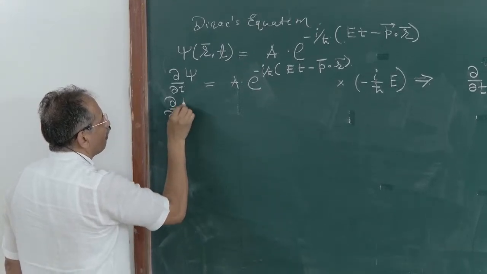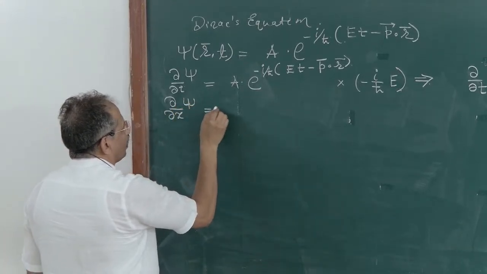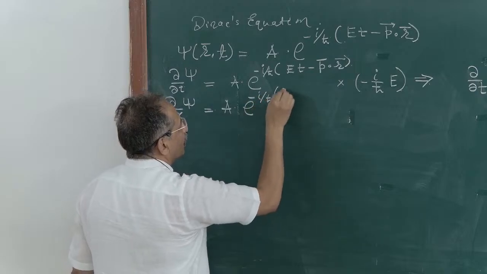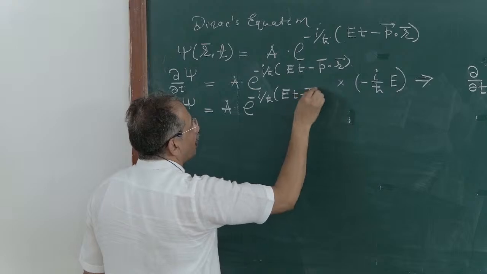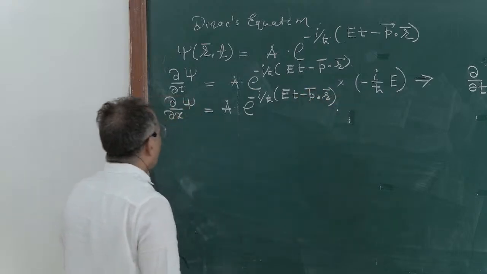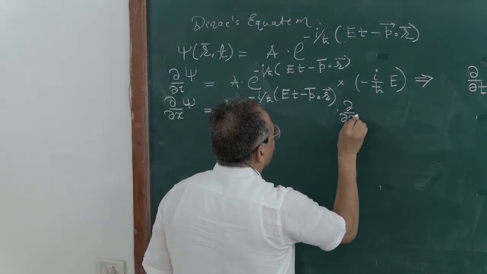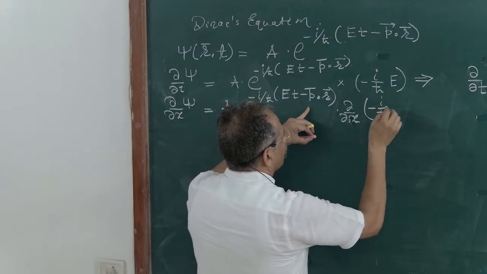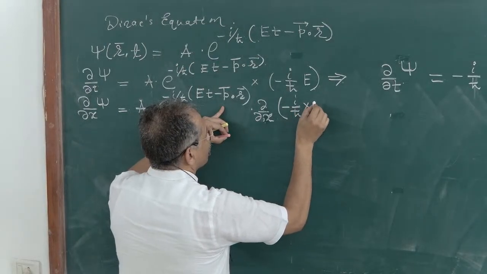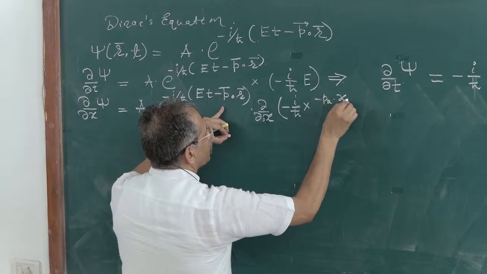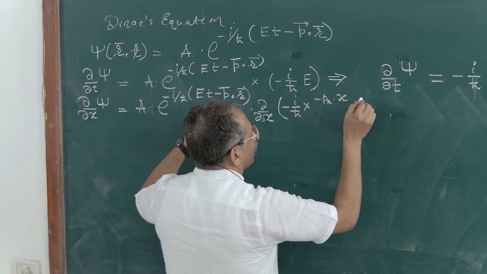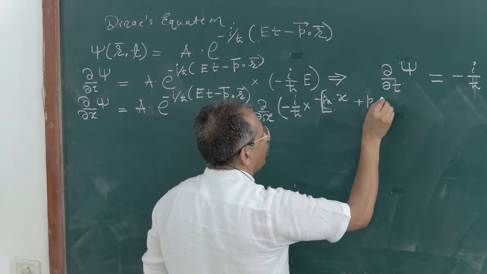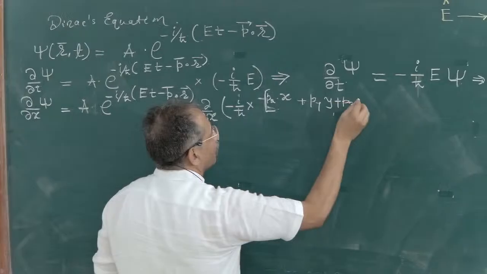So del del x of wave function psi will be same wave function e to the power minus i upon h cross, Et minus p bar dot r bar, into partial derivative with respect to x of this quantity, minus i upon h cross multiplied by minus px into x plus, minus i can take common, py into y plus pz into z.